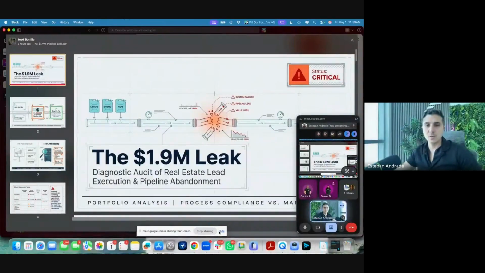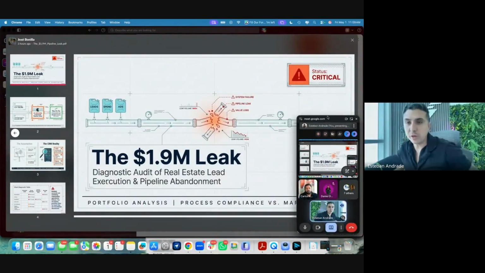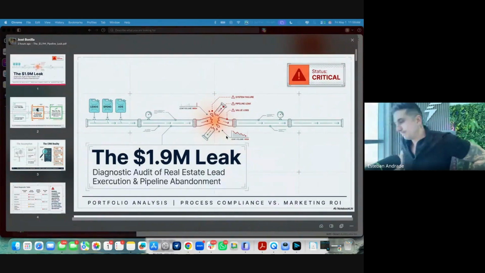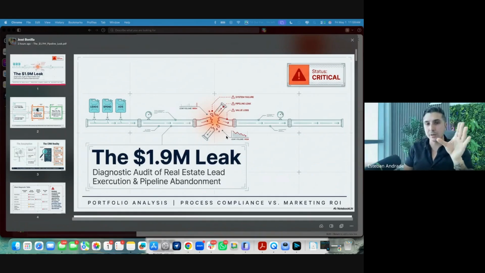All right, so what is it? We did a study of about 7 accounts in our company, and we found about $1.9 million in leaked opportunities across the 7 CRMs that we evaluated from different accounts that we have. And we want to be able to address that.